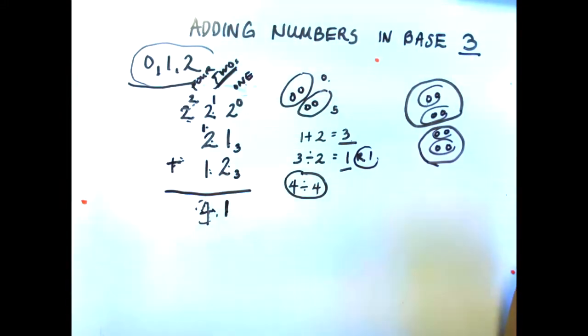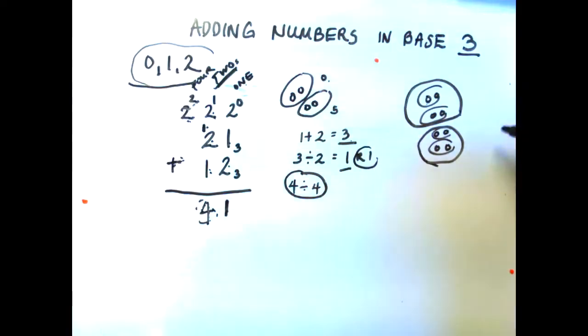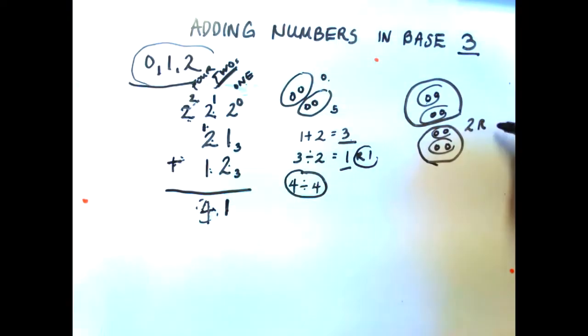Here it says 2 remain there. What's the remainder? Nothing. There's no remainder.